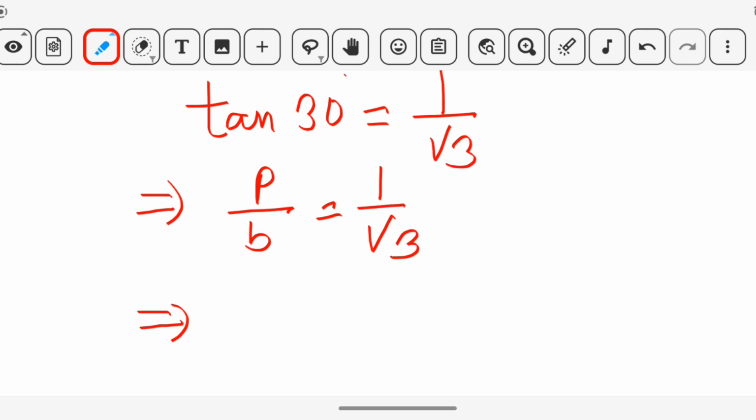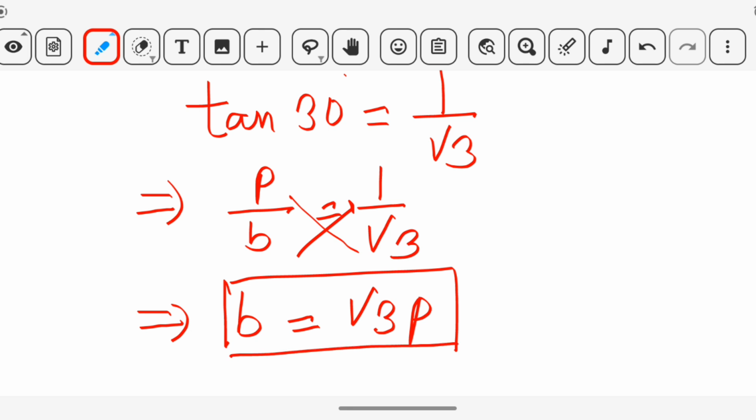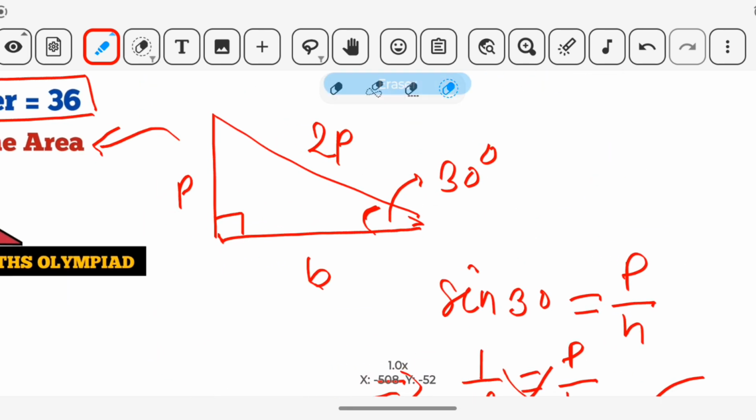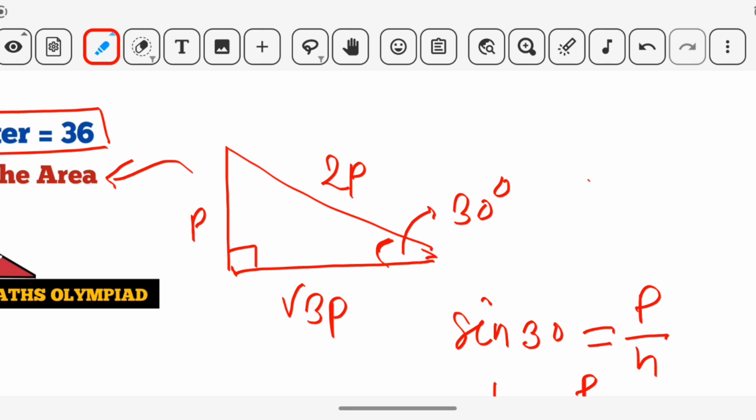That means by cross multiplication, B equals root 3P. So in the place of B, the base, let's erase it and write root 3P. So now we have the right angle triangle with 30 degree: P, 2P and root 3P.